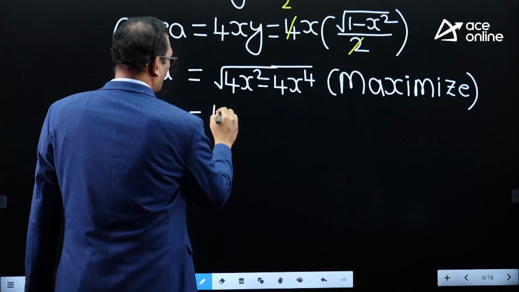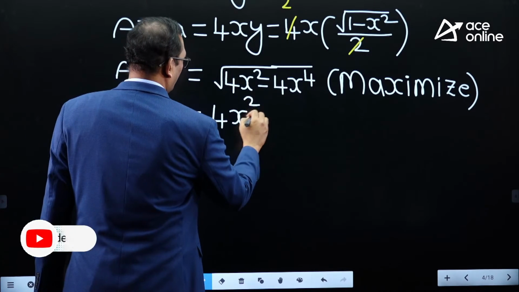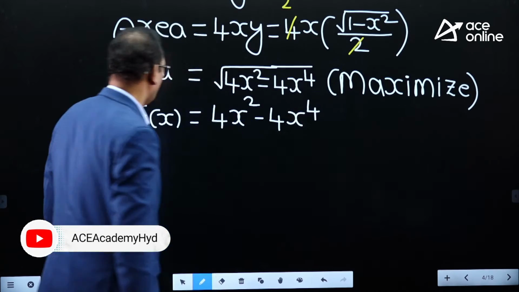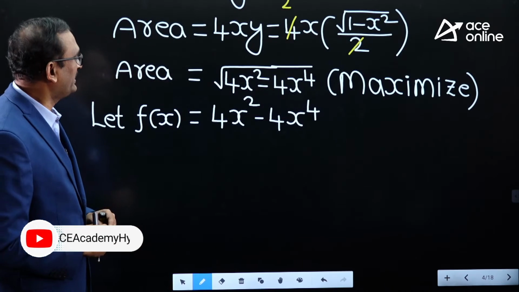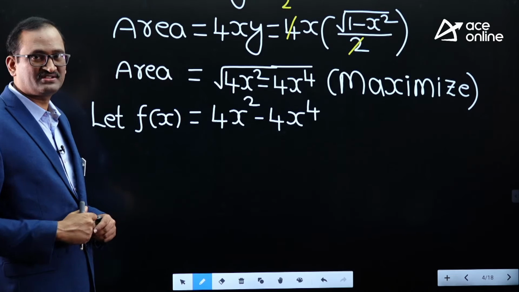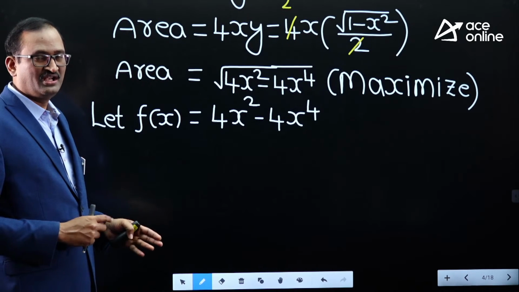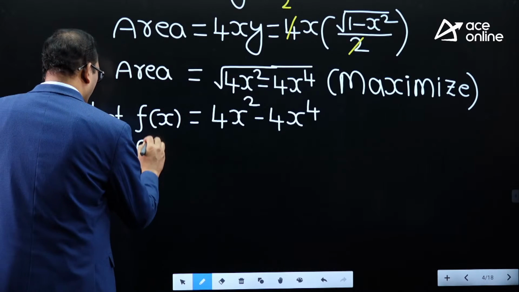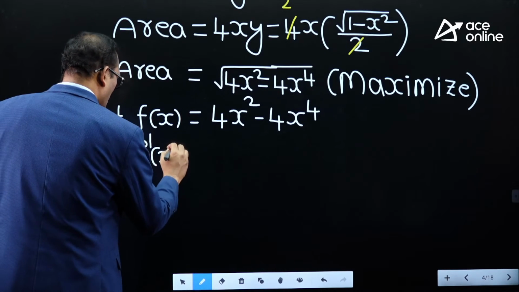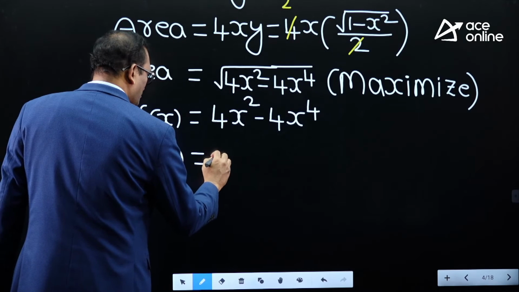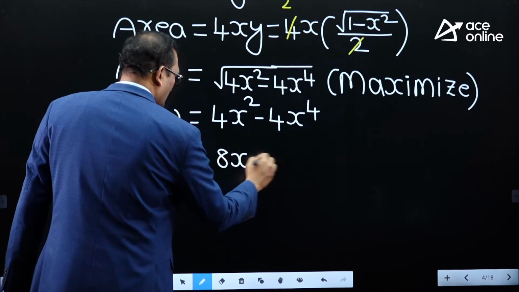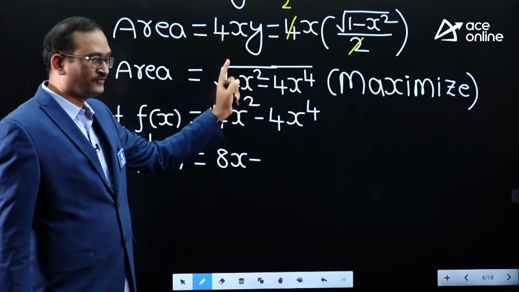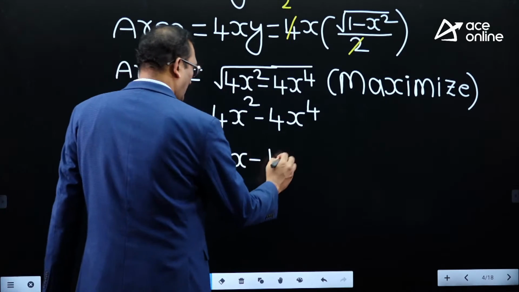To find the critical points, we have to find f dash x as well as f double dash x. First calculate f dash x. So f dash x equal to 4 into 2x, 8x, minus the derivative of x to the power of 4, 4x cube into 4, that is 16x cube.